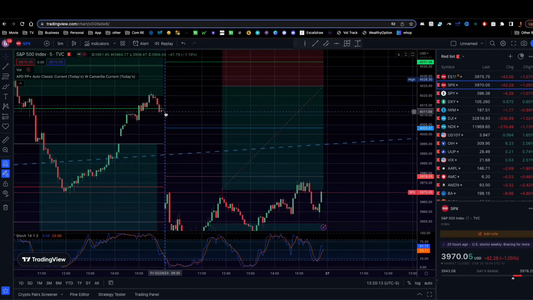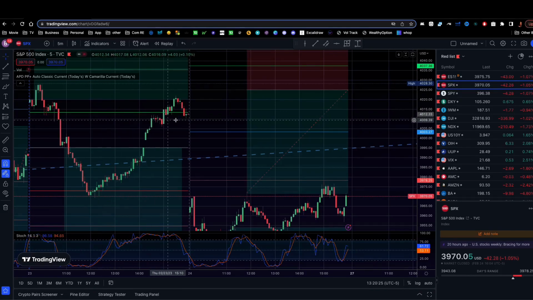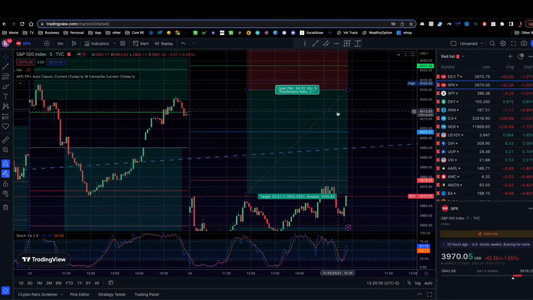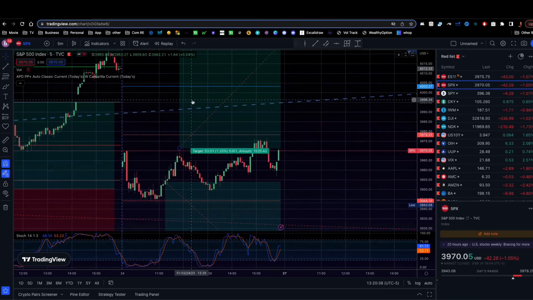It's above this gap fill. If you know anything about gap fills, you know the market loves to fill gaps eventually. So I didn't want to risk the market trying to come back and fill this gap, which it did a similar thing earlier, not too long before this, where it had a severe gap and then it came all the way back to fill that gap. I didn't want to risk that. So I made sure I stayed above the gap and got a nice easy trade, which led to a nice easy day. I didn't even have to watch the market at all.